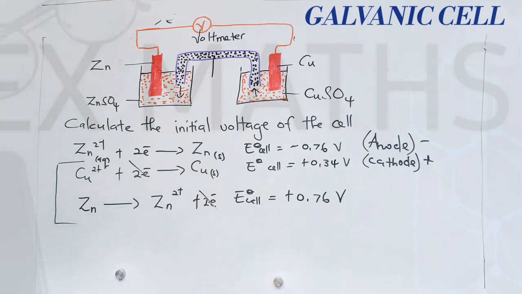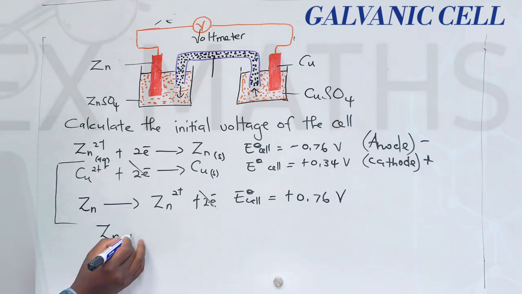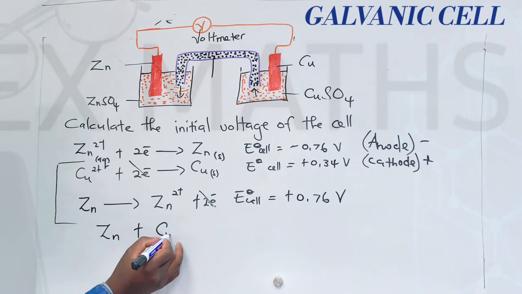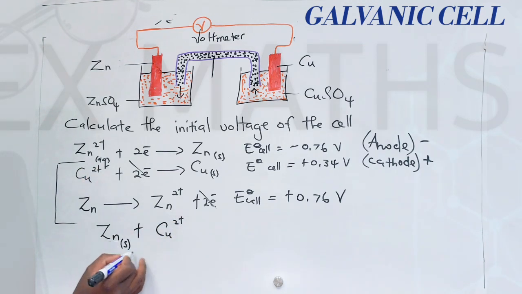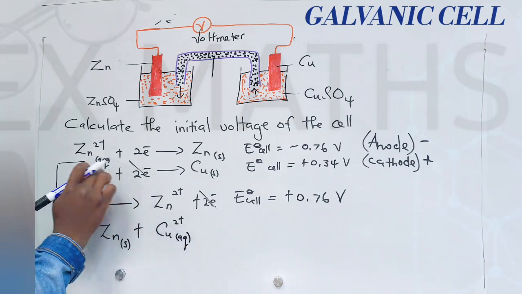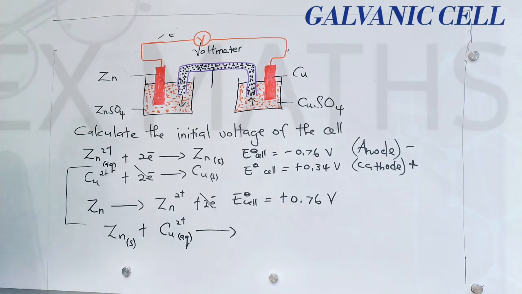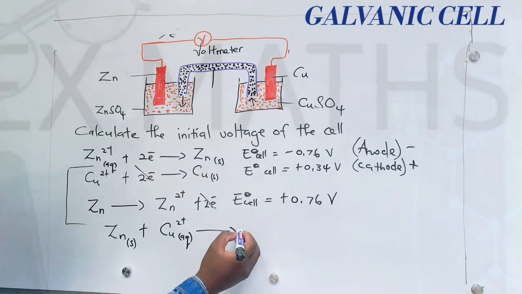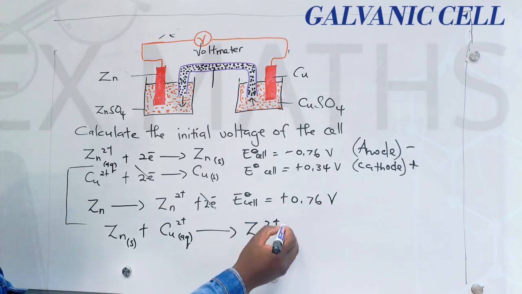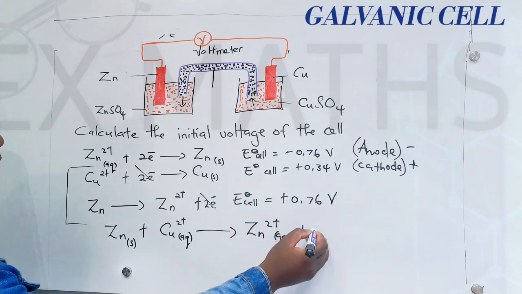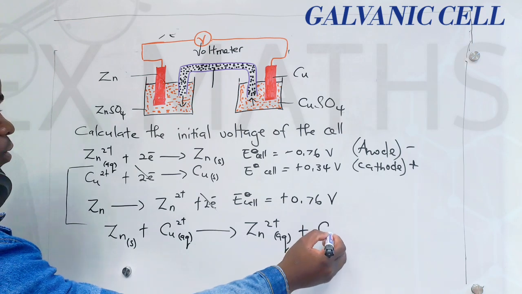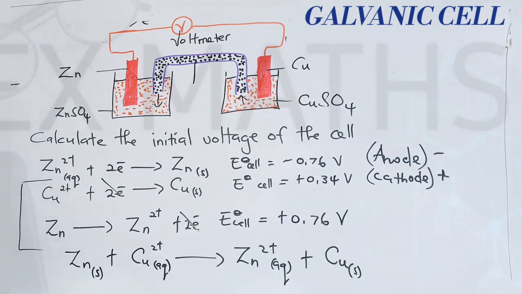So the first species we write is Zn solid plus Cu2+ aqueous, because these are copper ions which are being reduced to copper. Then we form Zn2+ aqueous ions plus copper solid. So we have formed Zn2+ ions plus copper solid.